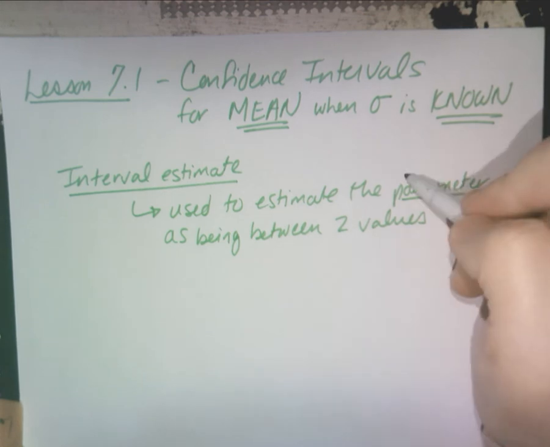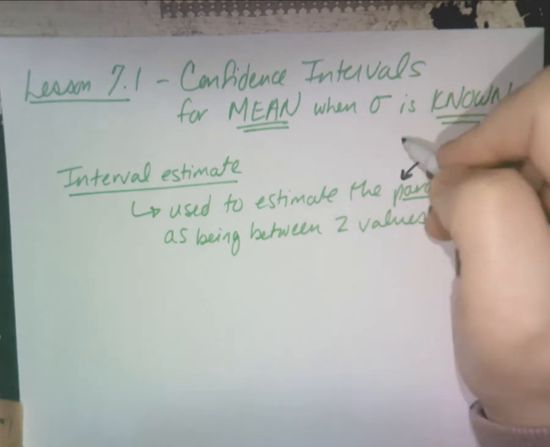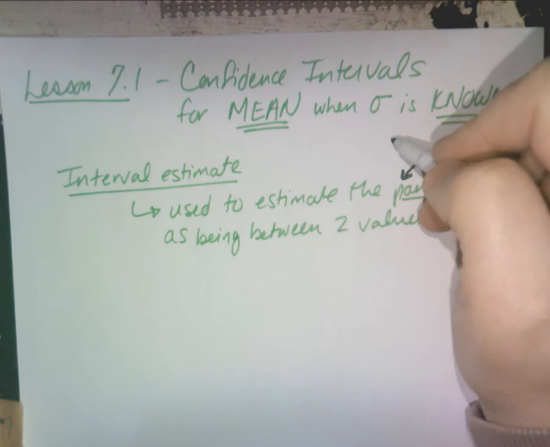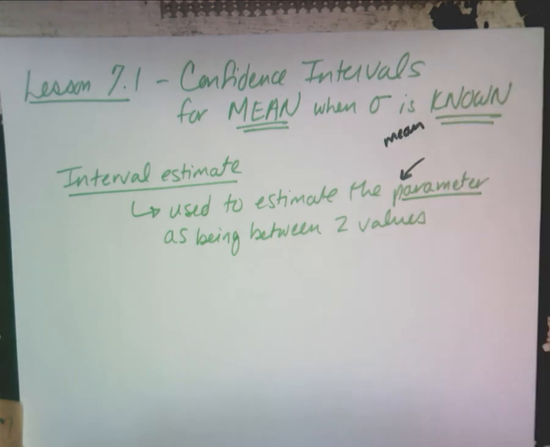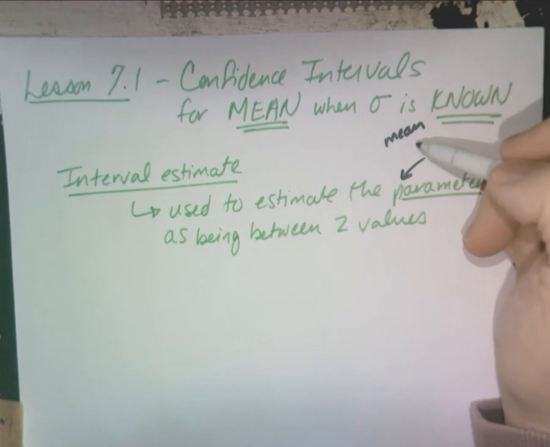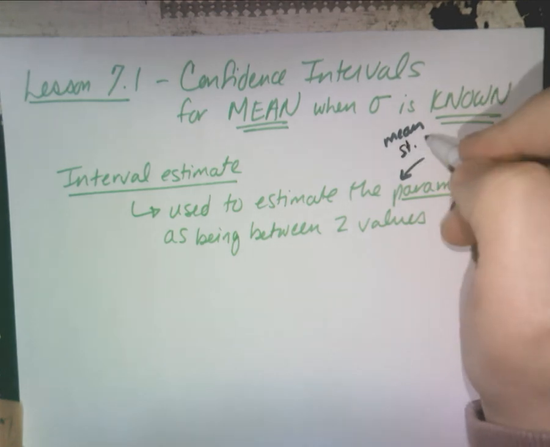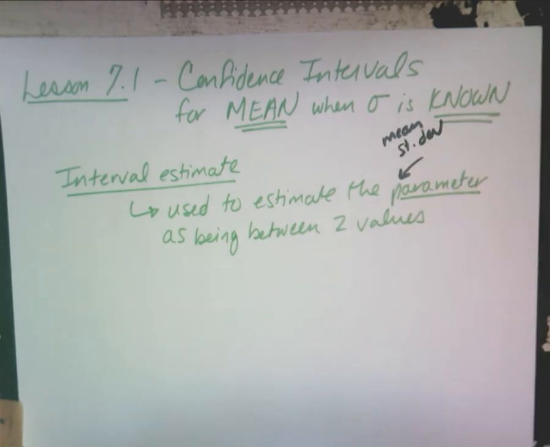So the parameter could be one of 4 things. We're going to talk today about it being a mean. That's our parameter. We're going to say the average on the test score, the average on a timed running track thing. That would be what we're talking about, mean. We could do standard deviation, obviously. We use a different formula for that.